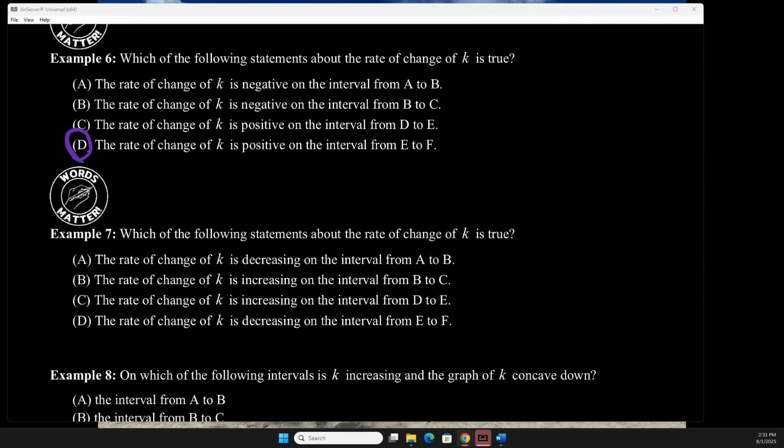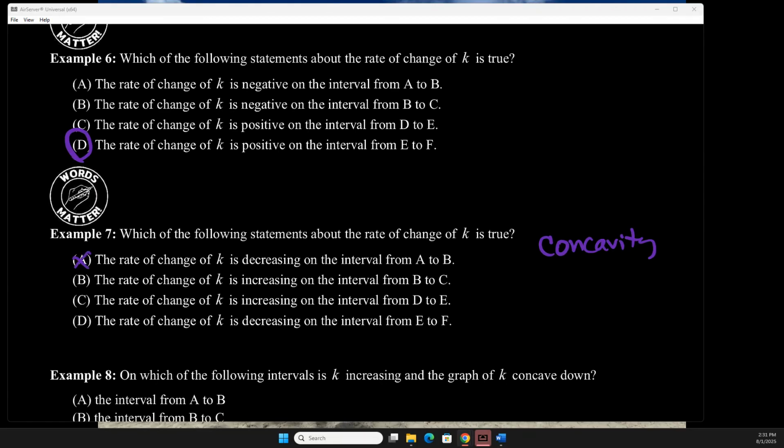Alright, and then 7. Which of the following statements is true about the rate of change again? So for increasing and decreasing, what do we need to know? What does it tell us? Concavity. So concavity is what we're looking at here. So for A to be true, then K needs to be concave down on that section. Is it? No. A to B?